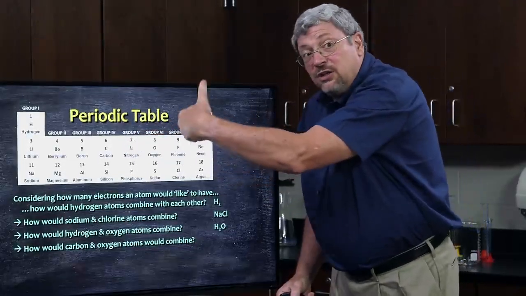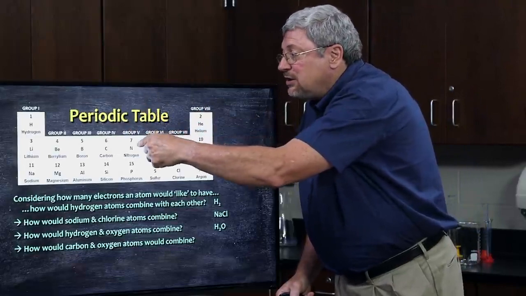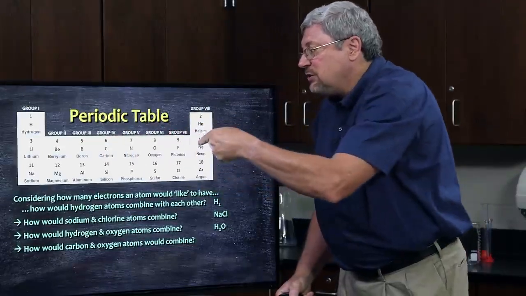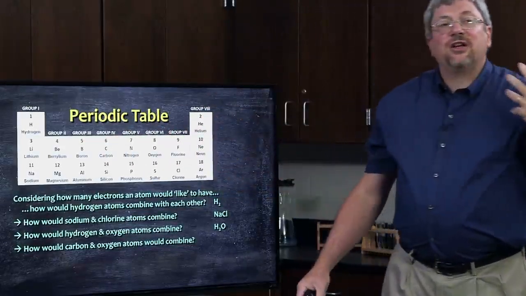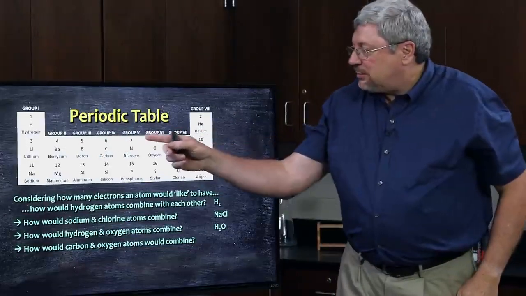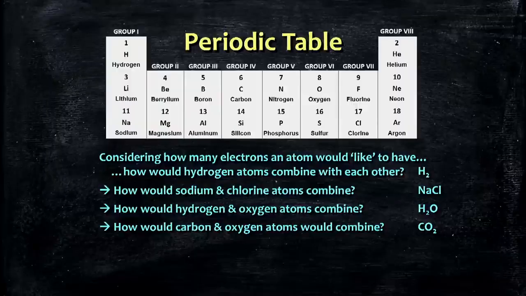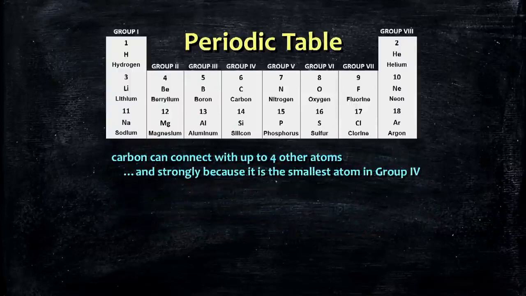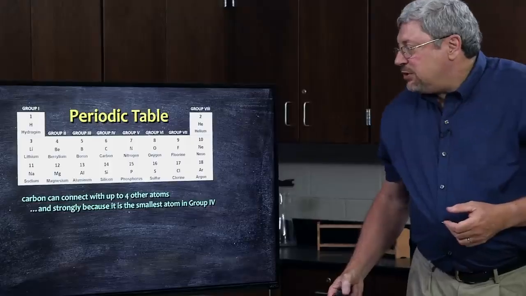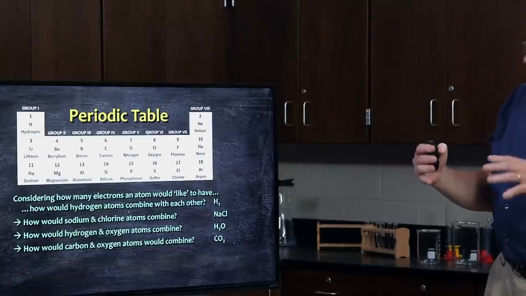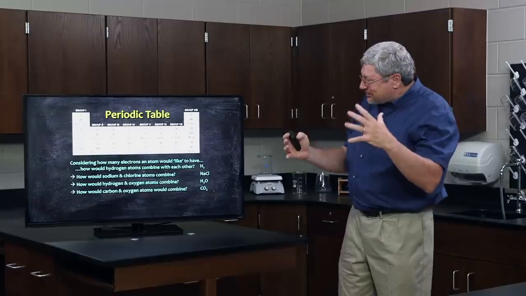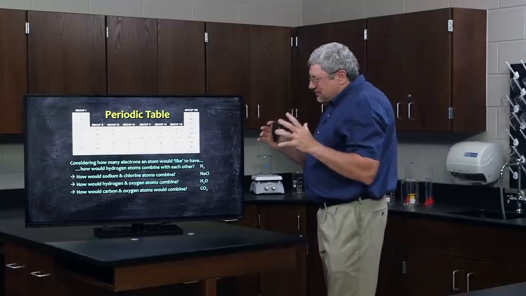Carbon could give up 4. You could give up 1 carbon and 2 oxygen would fill the outer shells of a carbon and 2 oxygen, producing carbon dioxide.